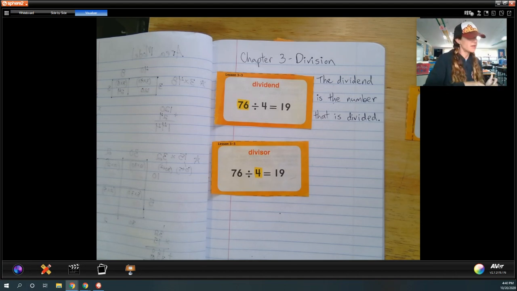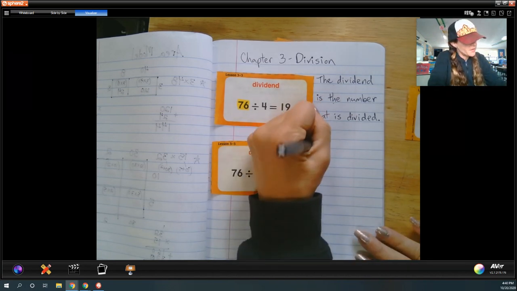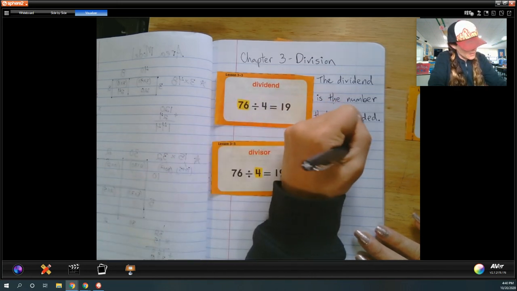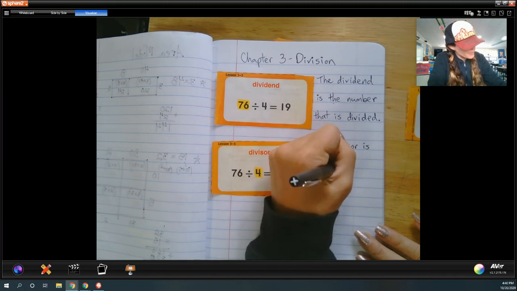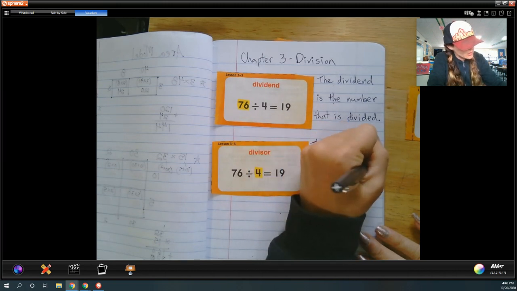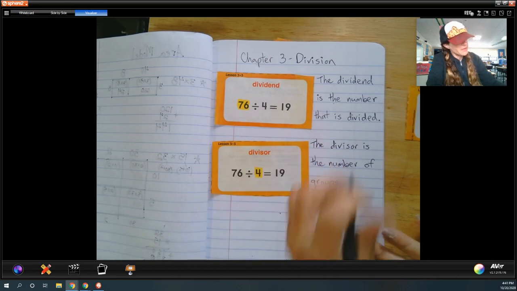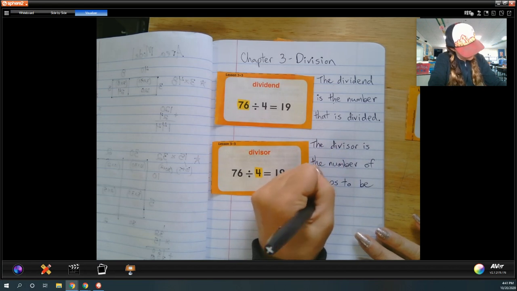The divisor is the number of groups we are dividing the big number up into. The divisor is the number of groups to be divided.